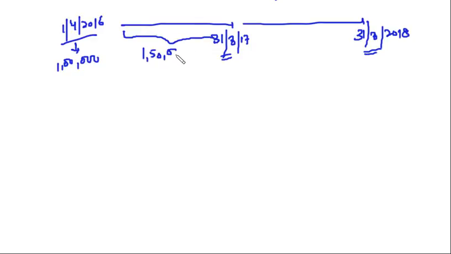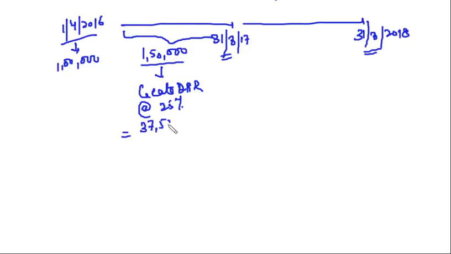So, Companies Act says that after issue and before redemption, as soon as you have profits, create the DRR. On these 1,50,000 rupees, you create DRR at the minimum rate of 25%. How much? 37,500.